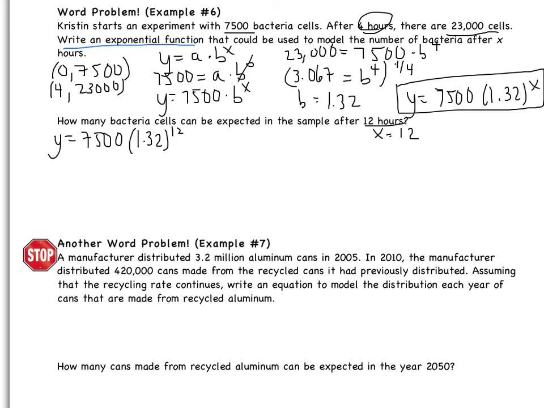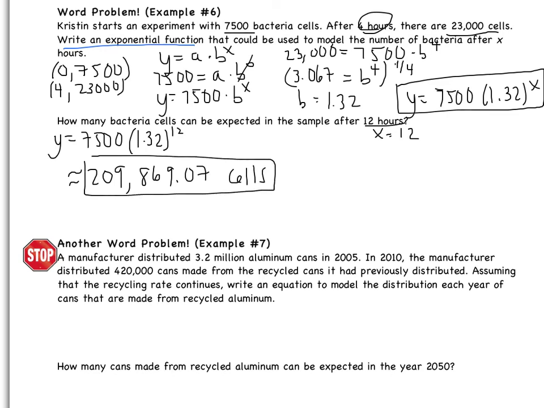When I do that, I get about 209,869.07 cells. So after only 12 hours, we're going to go from 7,500 cells to 209,869. It's kind of a huge jump.